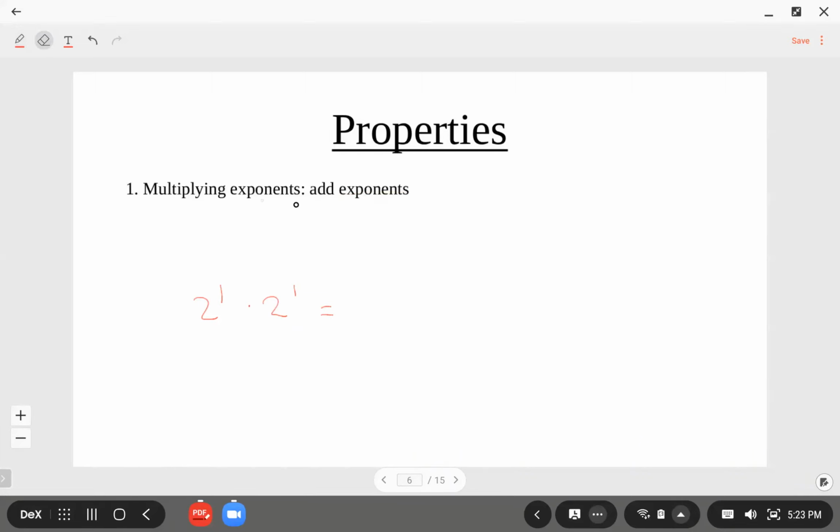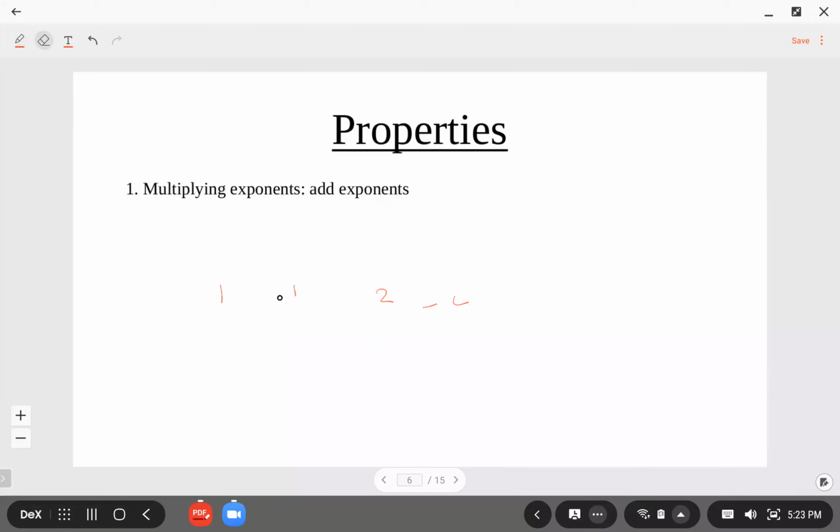With the same base, you add the exponents. What is 1 plus 1? So 2 to the first power times 2 to the first power would equal 2 to the second power, right? You add the exponents. And if you actually multiply out, that's 2 times 2, which equals 4, okay?